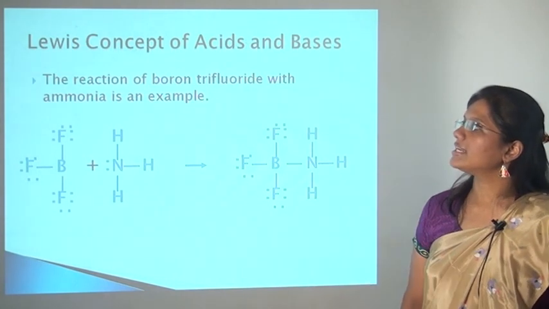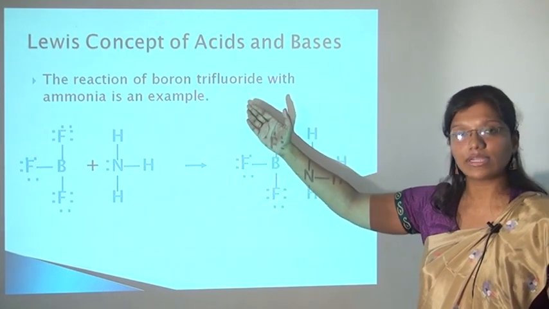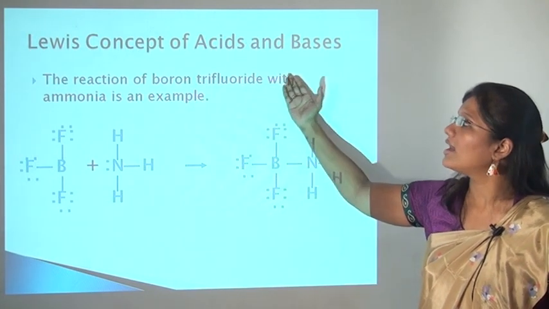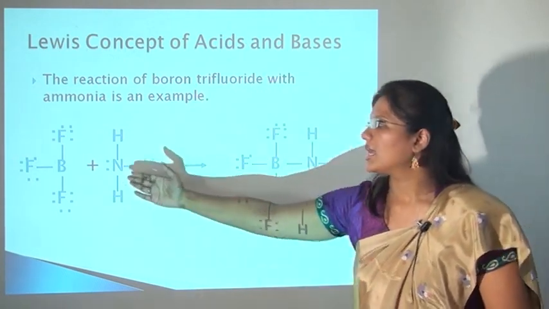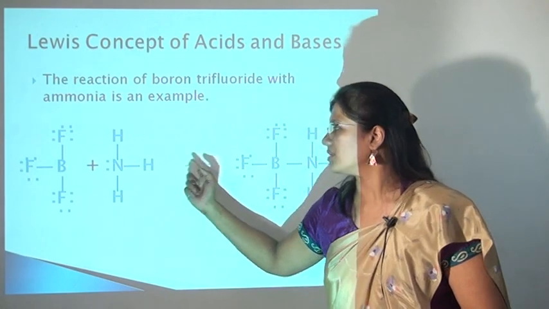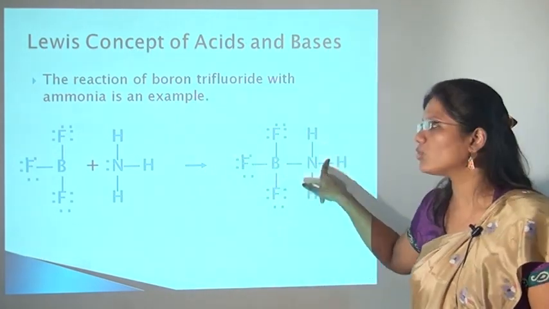Now we are taking an example of a reaction. We are considering the reaction between boron fluoride and ammonia. That is another example of this. BF3 plus NH3 gives BF3NH3, both combine and form one whole compound.